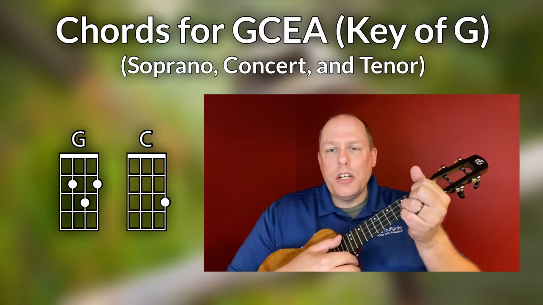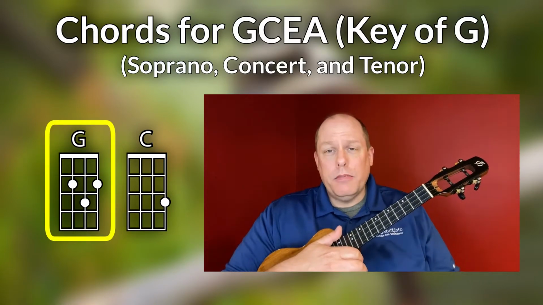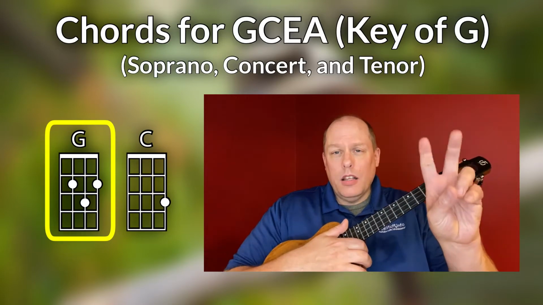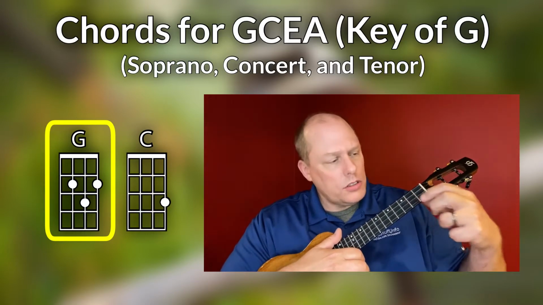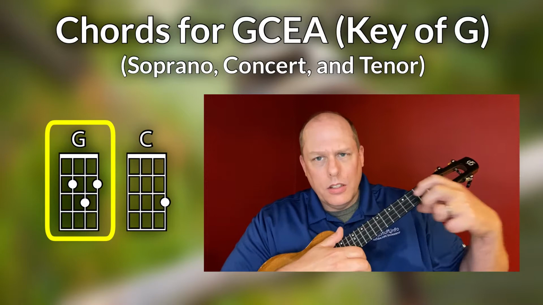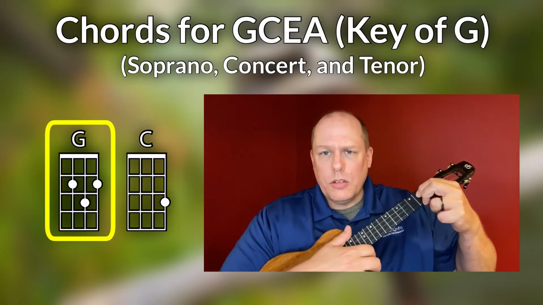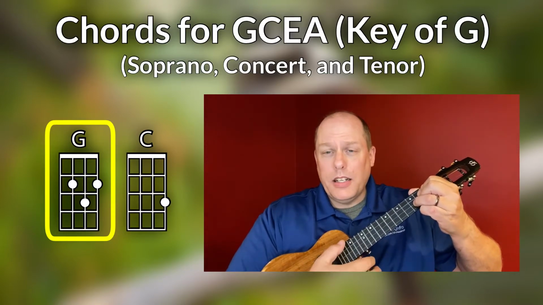The first chord is the G chord. Now, I've seen on social media some people asking about this chord. They struggle with it. The first two fingers are the most important. If you put them down first and come at an angle towards the fretboard rather than straight across, that's really the secret. So you plant the first two and then you add the third finger, and that'll be the easiest way to get to that G chord.